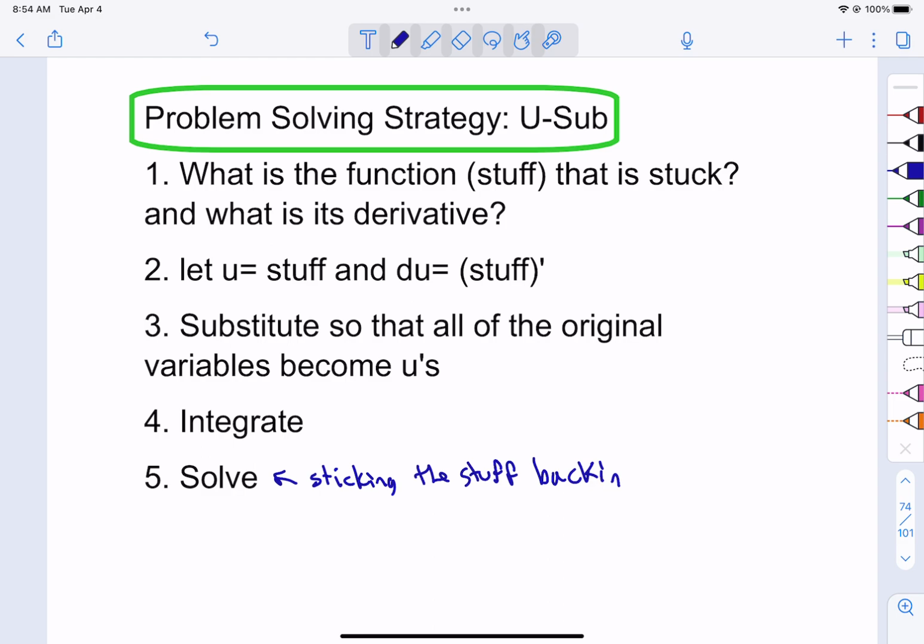So you want to kind of make this feel like a puzzle. What's the stuff, and is its derivative somewhere in the problem? Think about when we did that activity with the antiderivative stuff. We kind of were thinking backwards.